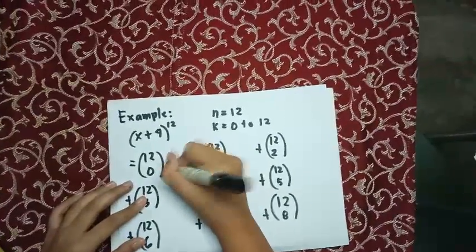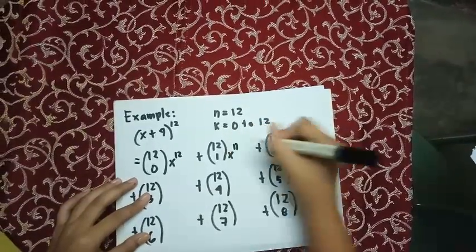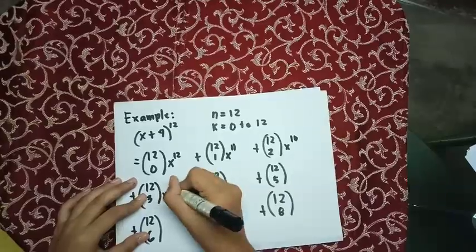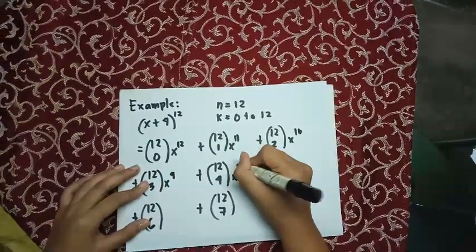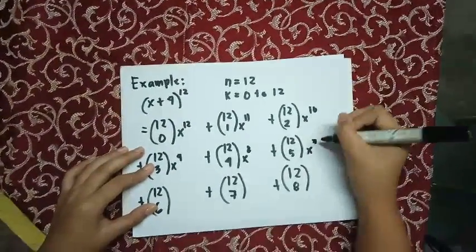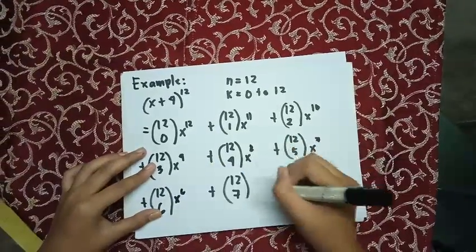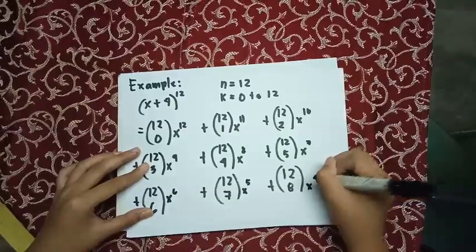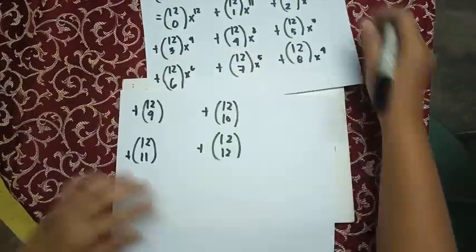So 12, 11, 10, 9, 8, 7, 6, 5, 4, x raised to 3, x raised to 2, x raised to 1, x raised to 0.